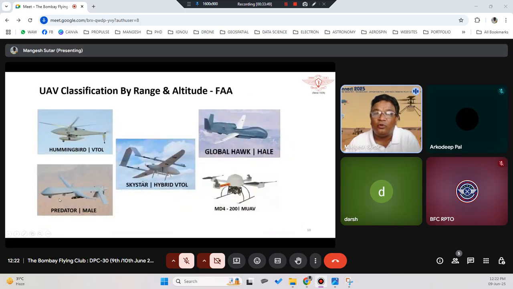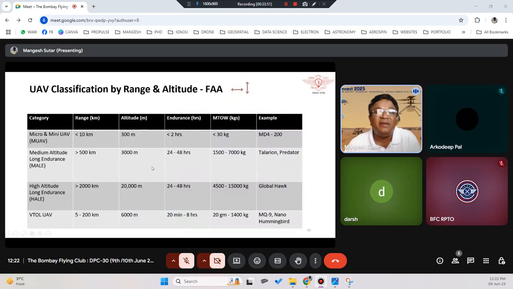This Predator drone is the same drone which was used by the US Army when they were doing the activity in Afghanistan. Even the terrorist chief who was killed in Abbottabad, what is his name? Bin Laden, right? During his mission also the Predator drones were used.